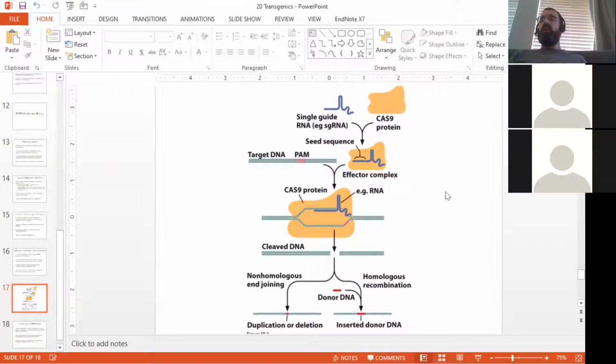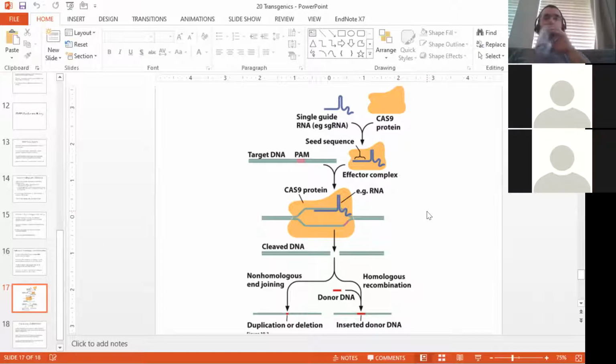There we go. This Cas9 protein, right, which is essentially the bit that does stuff. So this is the protein that cuts the DNA, and what's called a guide RNA.